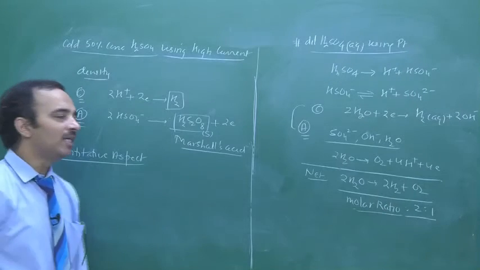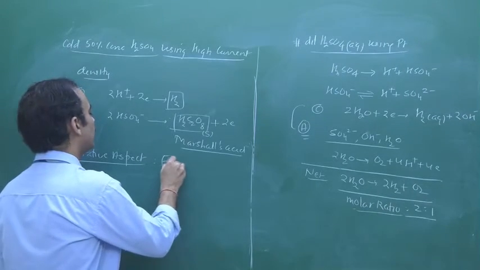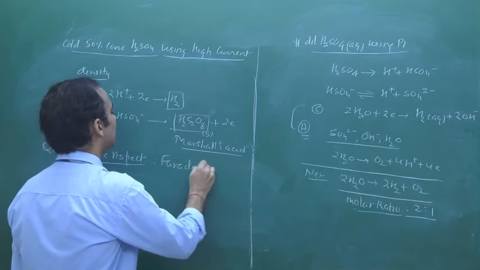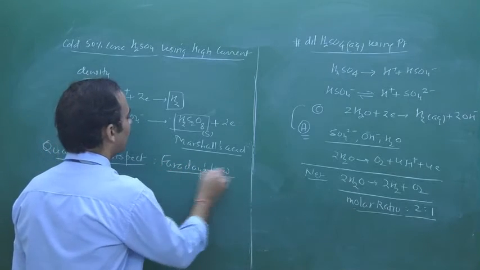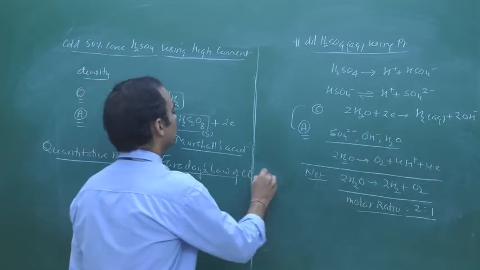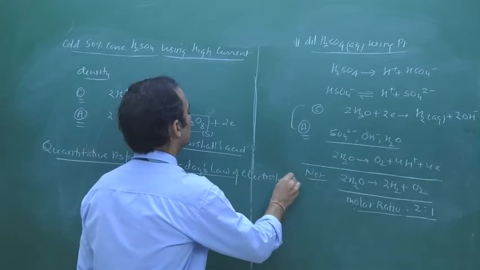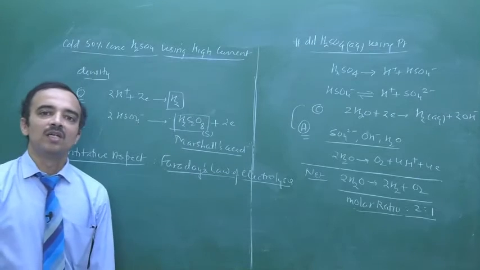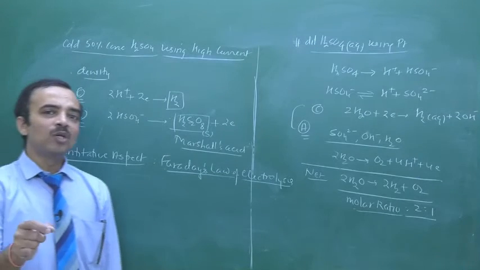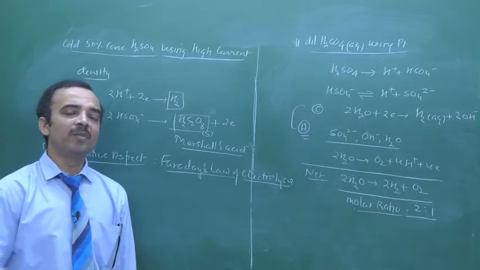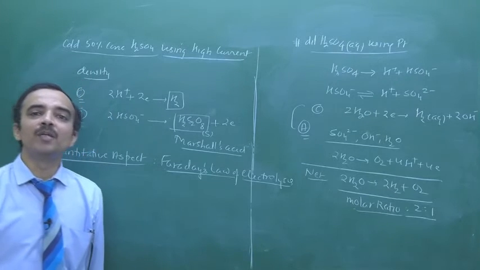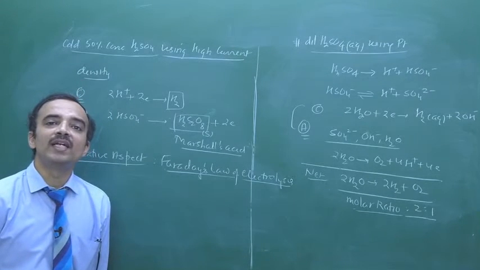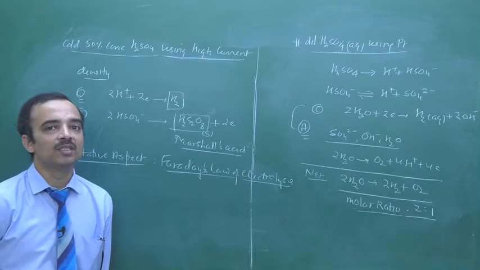Beta, in quantitative aspect we have Faraday's law of electrolysis. Now what is Faraday's first law? The amount of substance deposited or liberated at an electrode is directly proportional to quantity of electricity passed through the solution.